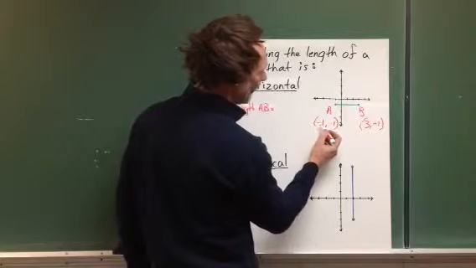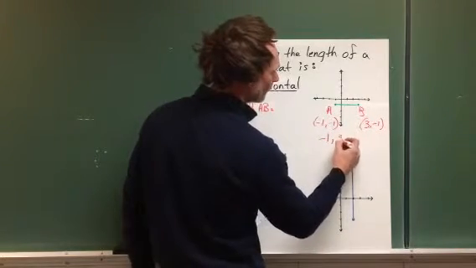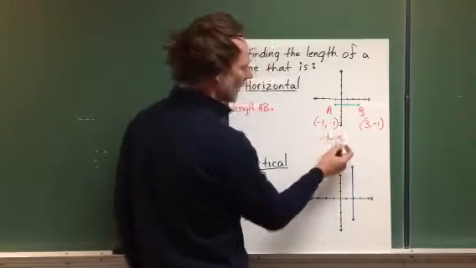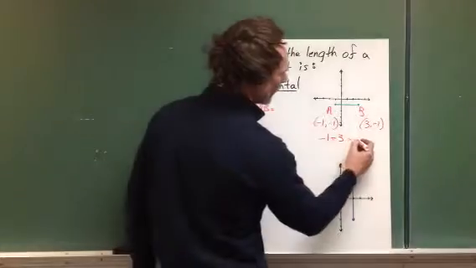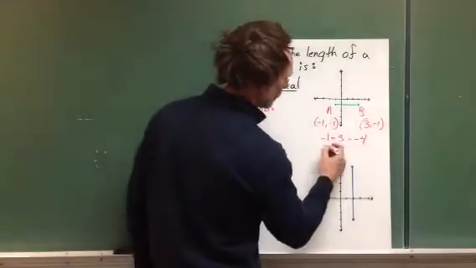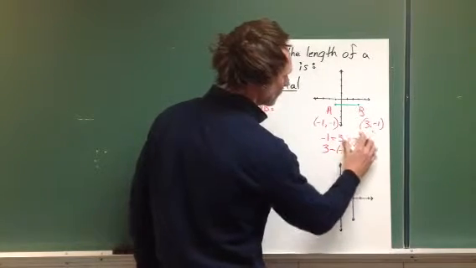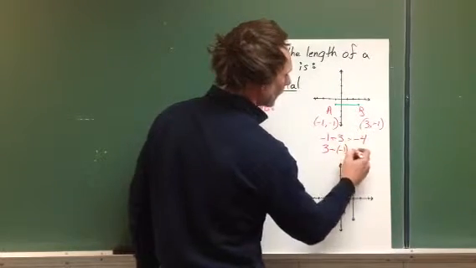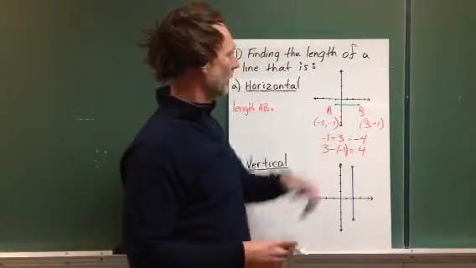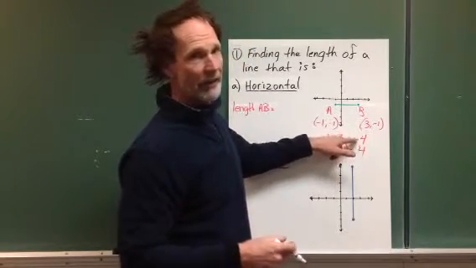So, if I say -1, subtract 3, I would get -4. If I took the difference the other way, that would be 3 minus -1, I get 4. Now keep in mind that the length of AB is 4. You never call the distance between two things a negative number.